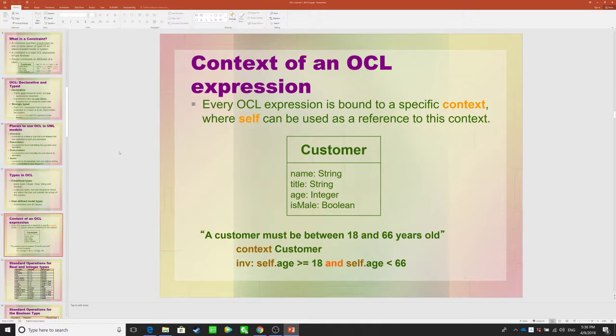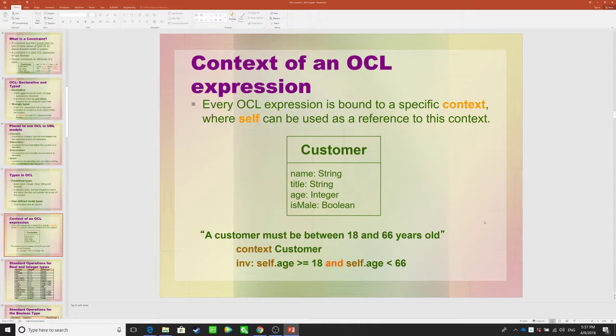Okay, this is an example here. An important point of OCL is that it has to be bound to a specific context.